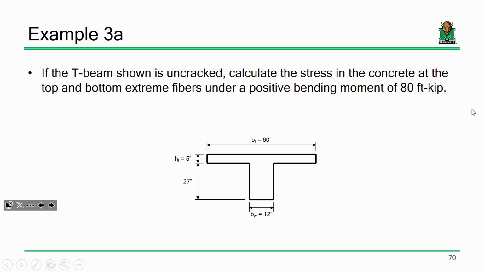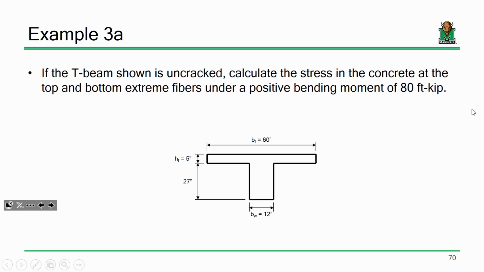Now, if you had me for deformables, we did moments of inertia in a more systematic fashion. You probably remember us drawing out a big table and doing the sum of A y over sum of A and the parallel axis theorem and whatnot. If it's been a while since you've done that or you're a little fuzzy, no big deal. This problem will serve as a really nice refresher.